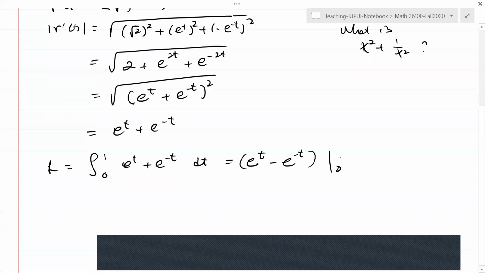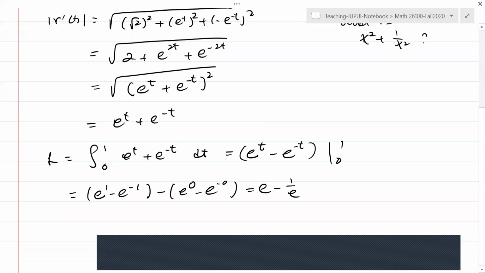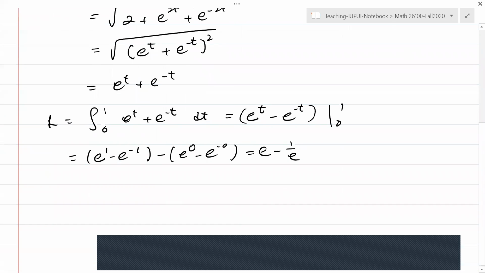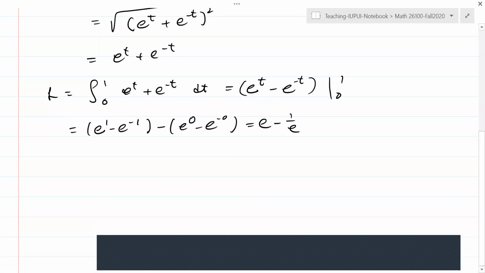Then evaluate at the 2 endpoints, and you will get e to the 1 minus e to the negative 1, minus e to the 0 minus e to the negative 0. So the second part is 0. What you get is e minus 1 over e. Okay, so that is the answer. It must be a positive number, since this is the integral of a positive function. So that is what I want to get. It took me some time to finish this computation.